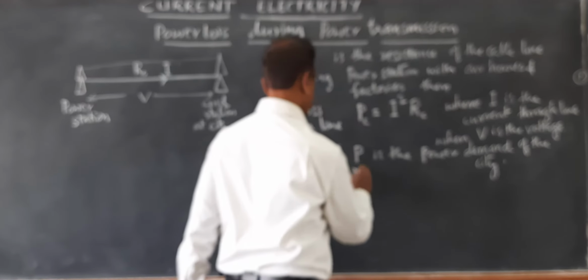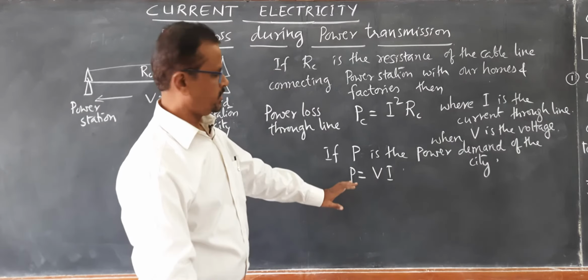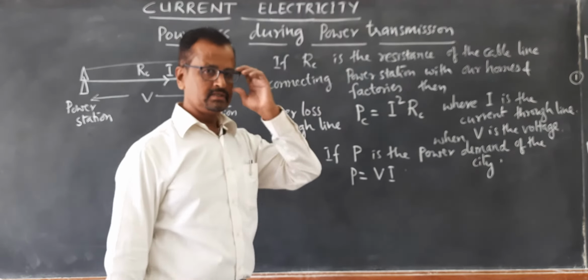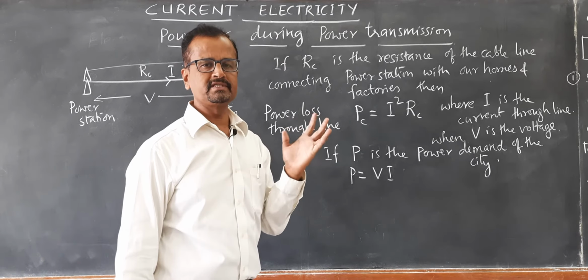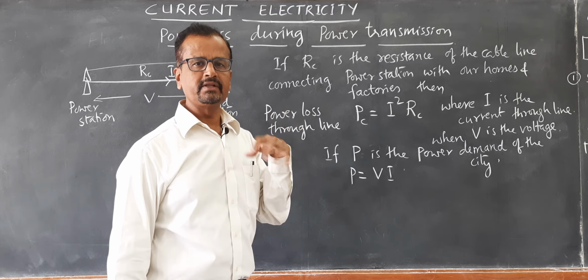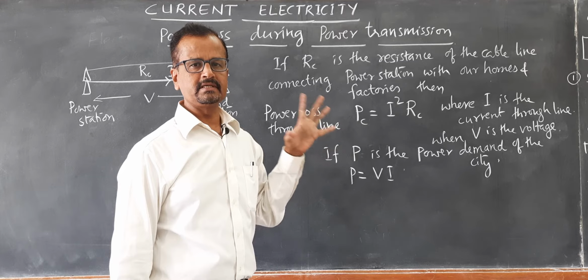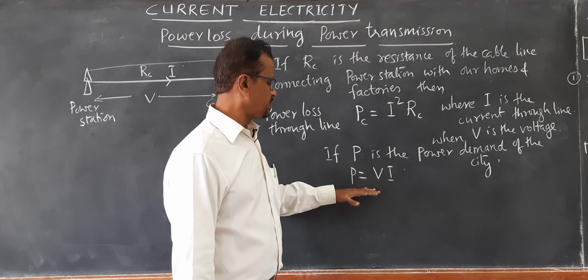Then we know that P is equal to VI. This is what we have already discussed. P is the useful power required for all our home purposes, industrial purposes to run the factories and all the commercial purposes in the city.